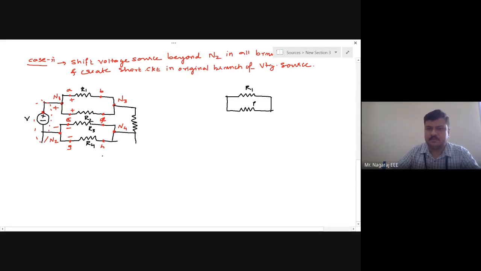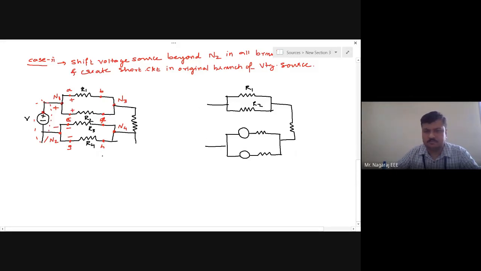This is R1, R2. Now the original branch should be created with a short circuit.